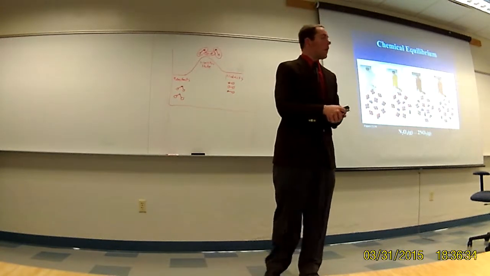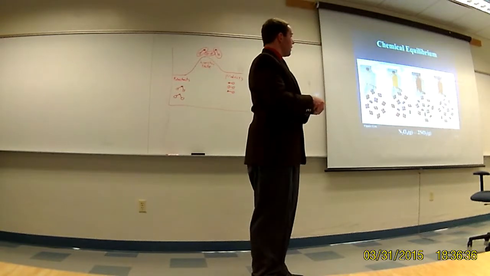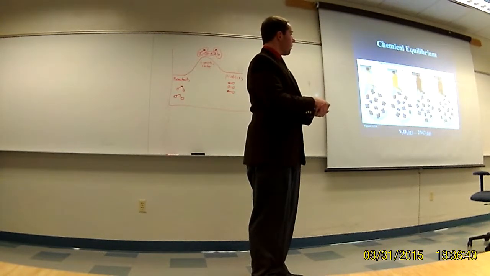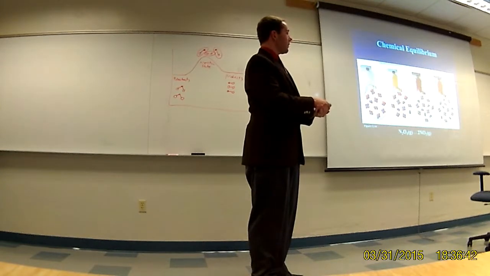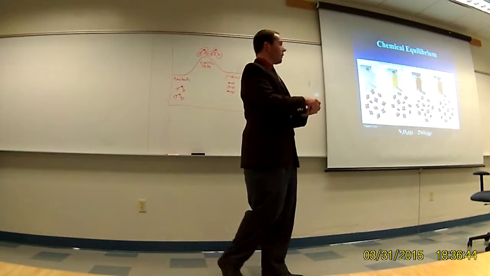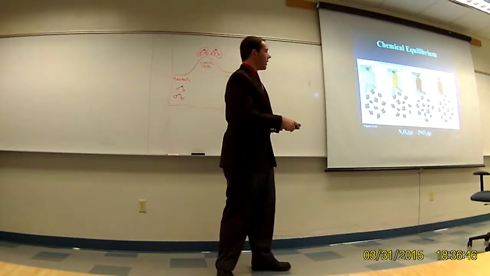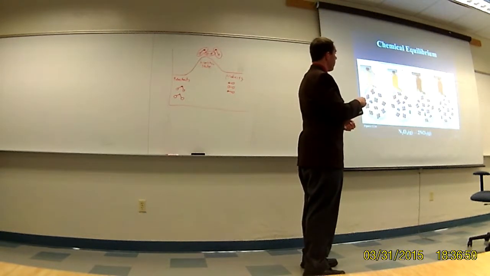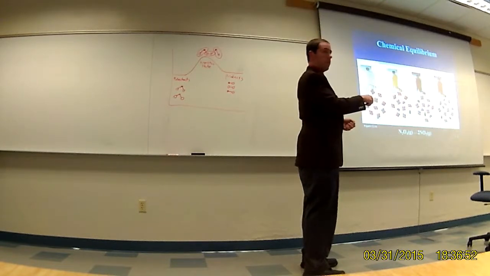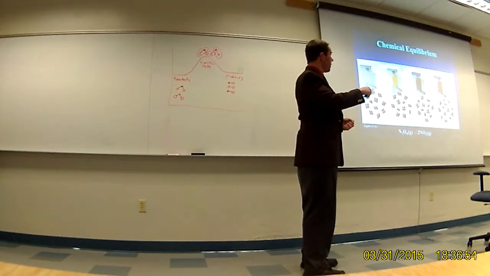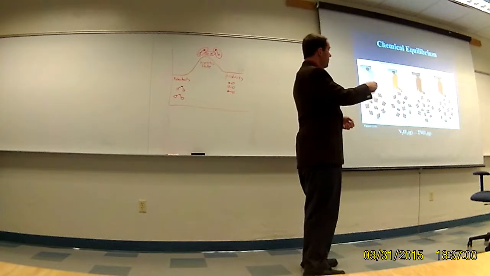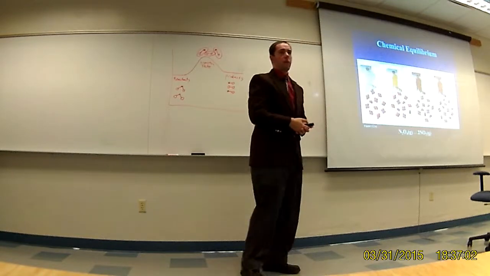Over time, the N2O4 breaks apart, and we get more and more of these NO2s and fewer and fewer N2O4s. Eventually, we get to a point that it stops changing. So, did it change from here to here? Did it change from here to here? Did it change from here to here? No. At this point, we hit equilibrium.